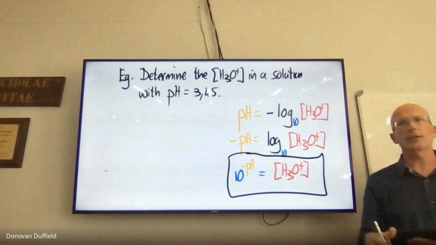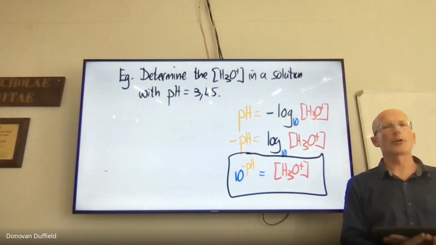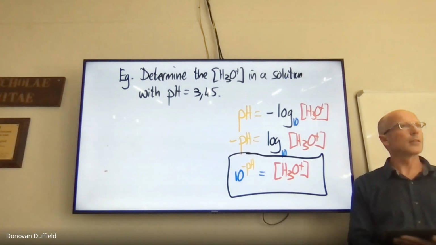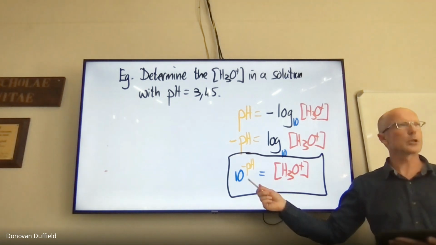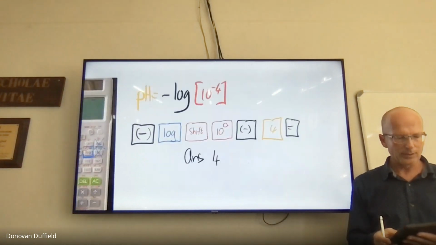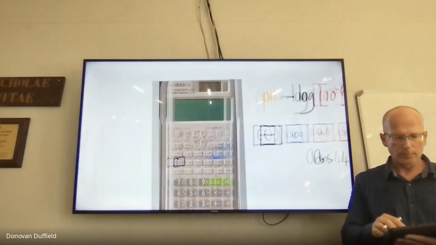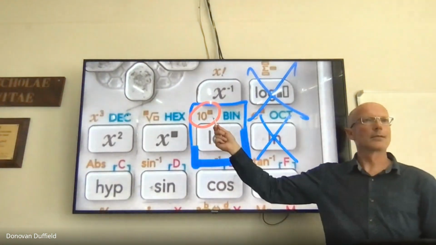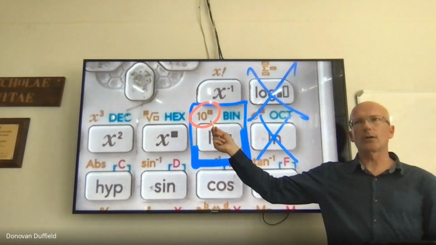At this stage, before you've actually done logs in mathematics, you can use this. This is very nice because 10 to the power sits above your log button, what we call the anti-log.